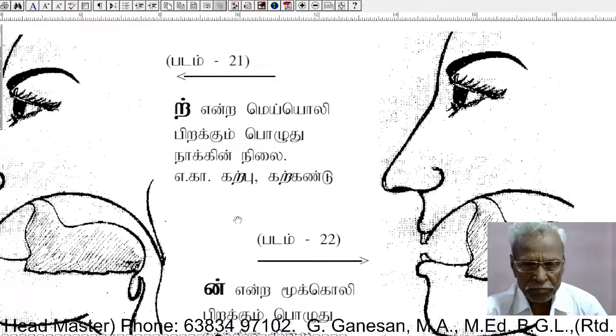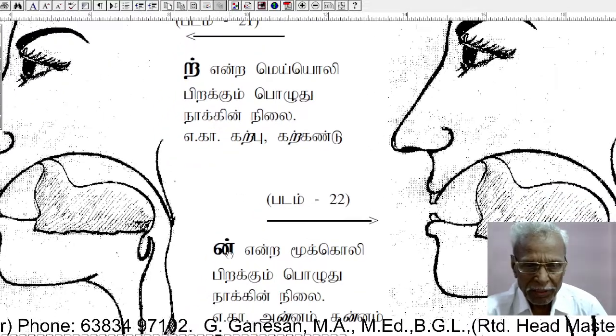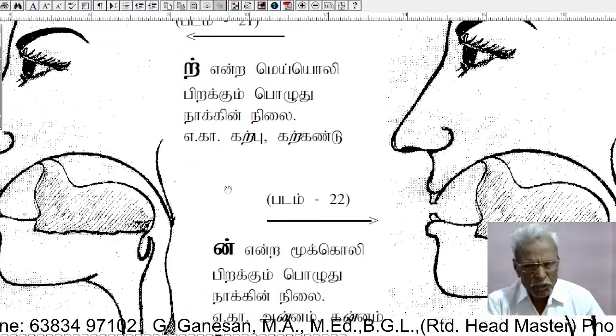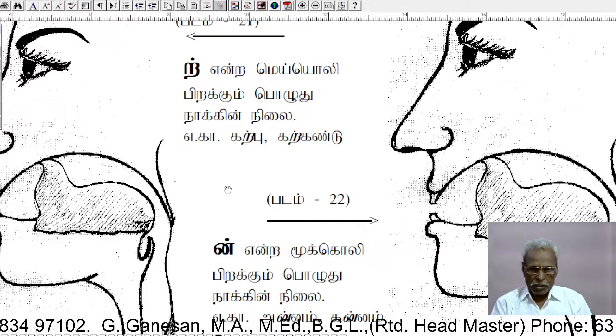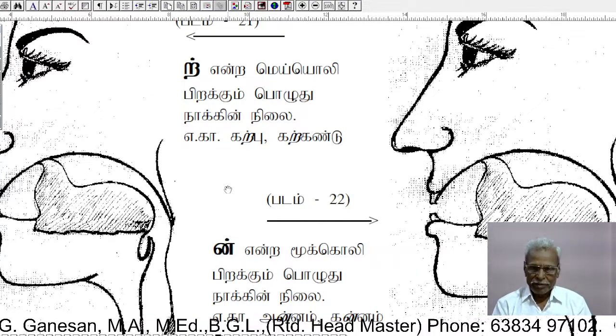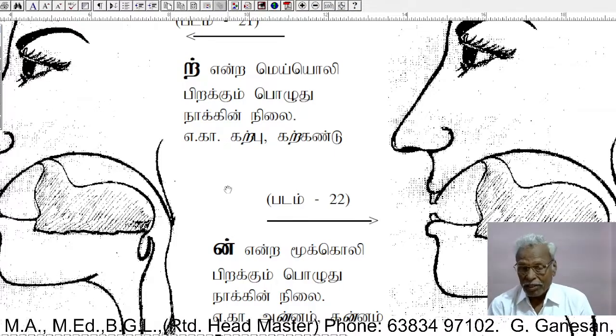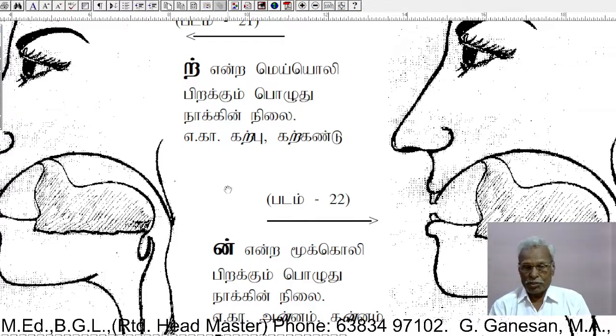Another phoneme, in. This phoneme also is produced by the tip of the tongue at the same place where the phoneme ir is produced.